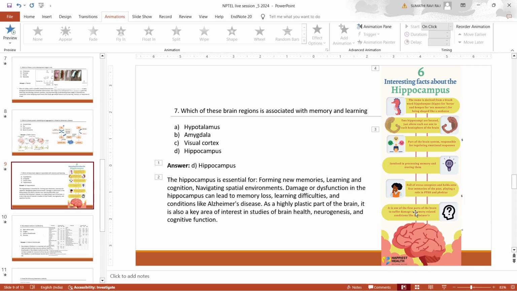It is also related to your emotional responses, your anxiety, your mood. Then your visual cortex receives visual information, processes it, sends signals to store it, and helps in recognition, etc.